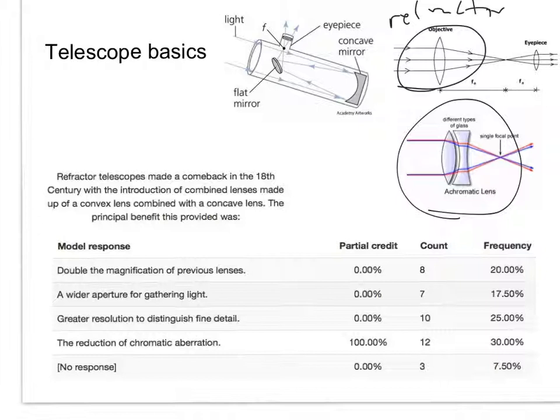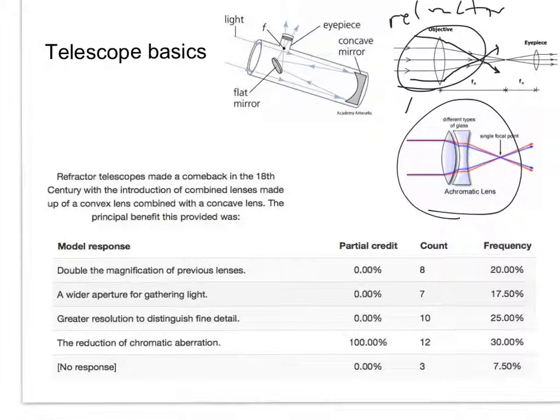One, different parts of the lens are going to bend light differently, and so things are not going to be sharply focused. That's called spherical aberration. But what was more of a problem is that red light and blue light get bent at different angles when they go through the glass.